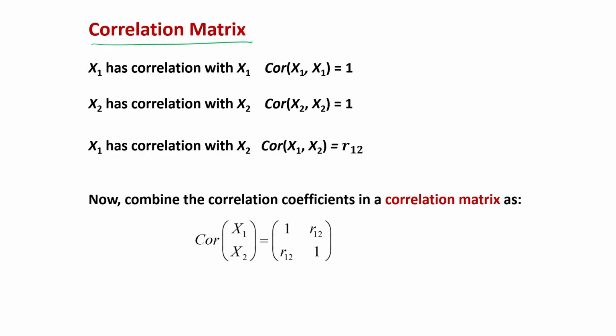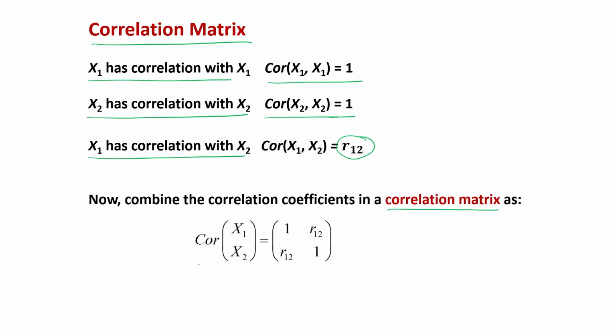This concept is very similar to what you have done in the case of covariance. Suppose you have two variables x1 and x2. x1 has a correlation with x1, which is always 1. x2 will also have a correlation with x2, which will always be 1. And x1 has a correlation with x2, which I am denoting as R12. Now we can combine all this information in the form of a correlation matrix.